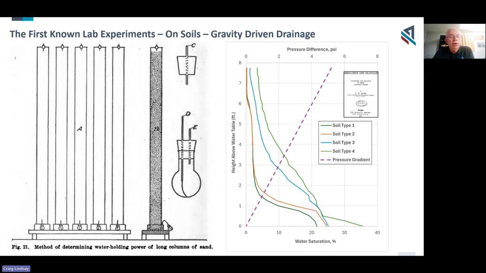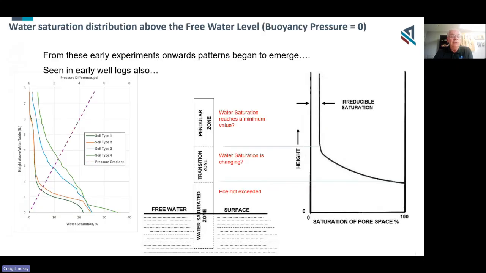Now, this is exactly what we see in reservoirs, and so this early work was then used by people, and from early days in the oil industry, when we started to have well logs available and so on, people saw similar profiles and they needed to explain what was going on.